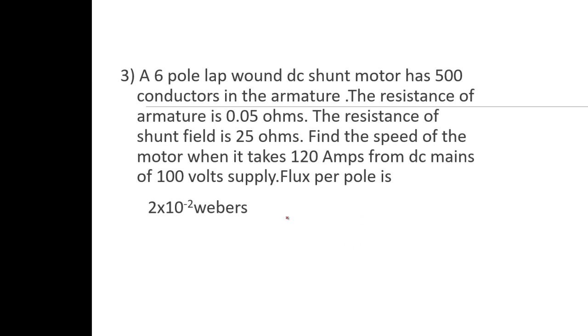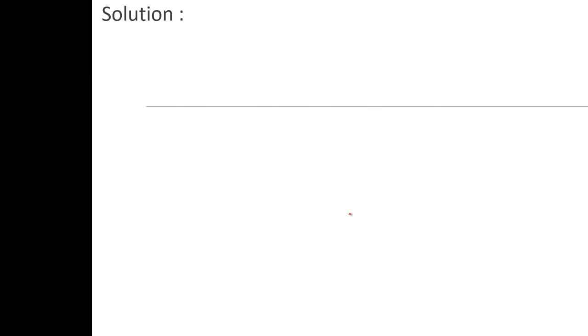Once we go through the problem, we have to analyze which formula will be suitable according to the given information. So here, if we observe, we have to use two formulas, that is EB is equal to V minus IA RA, and EB is equal to phi Z N P by 60A. So first we will write the given data.